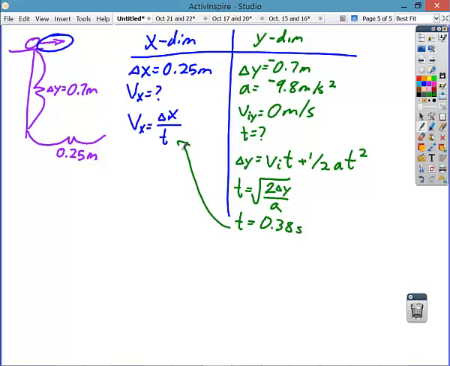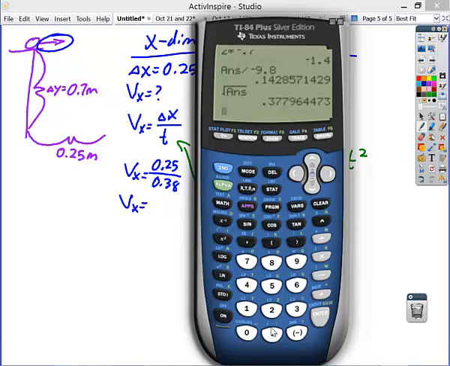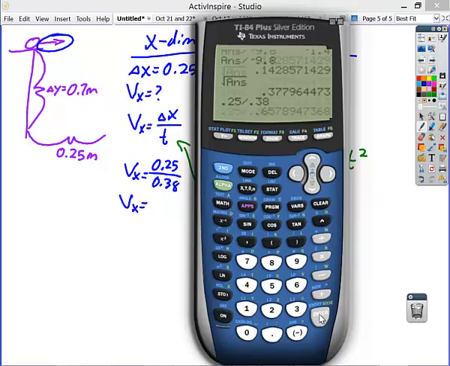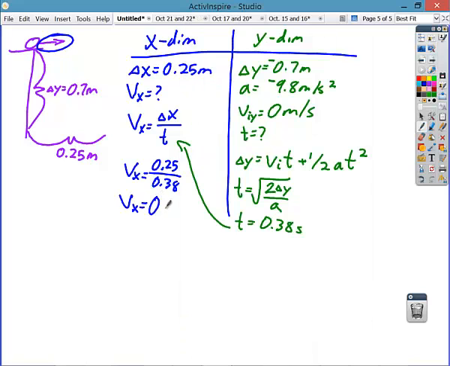I take that time and I plug it in over here. So, velocity in the x dimension is equal to 0.25 divided by 0.38, which is equal to 0.66 meters per second. Done.